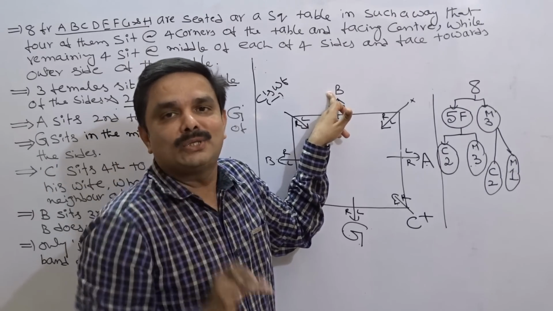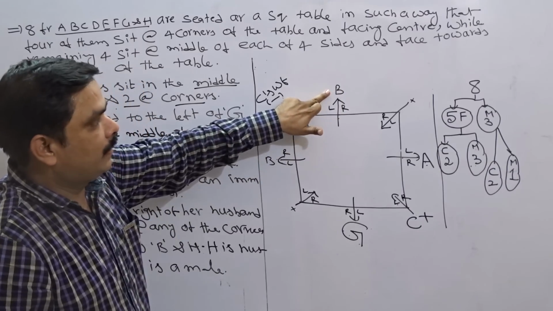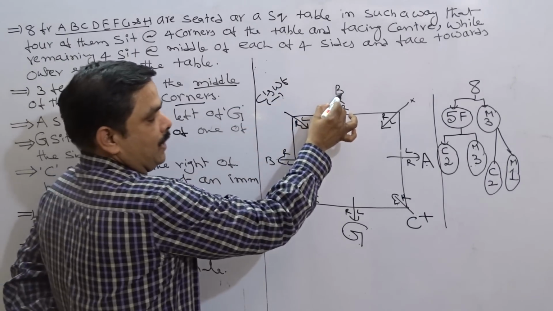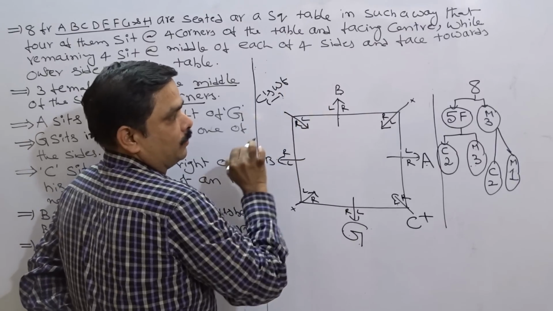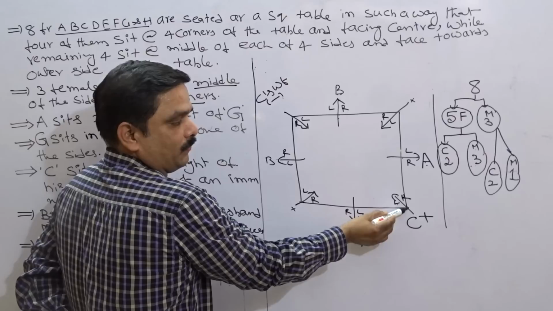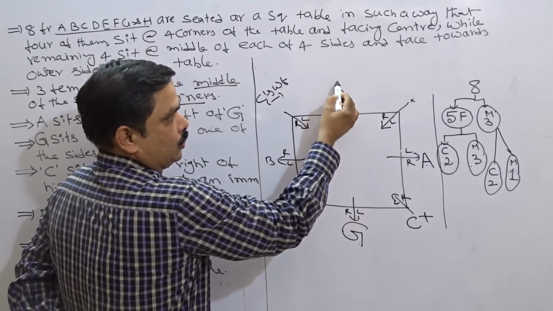Now go by the elimination process. Start with hit and trial method. What if I keep B here? Simple one. If I keep B here, this B must be third to the right of her husband. For which place is it third to the right? Only for this place. Observe here. For this place on the right side, 1, 2, 3, it should be B.